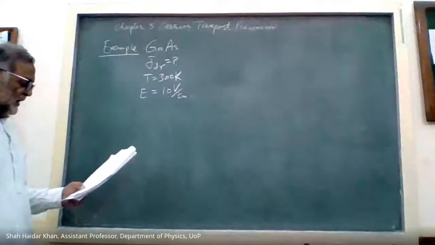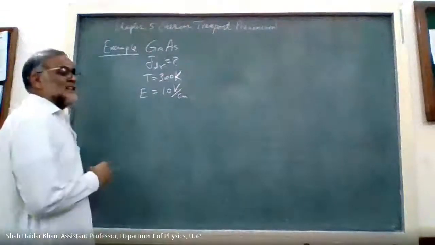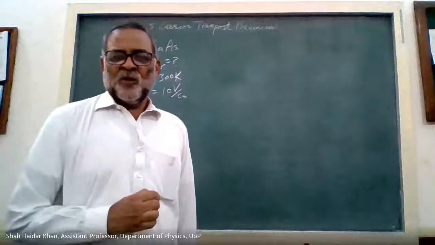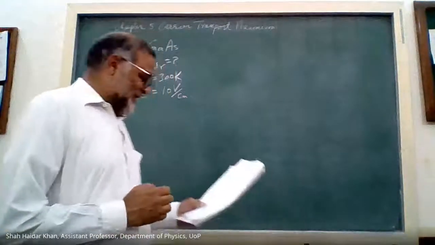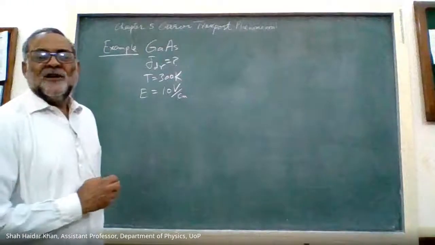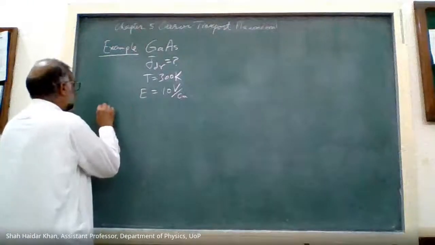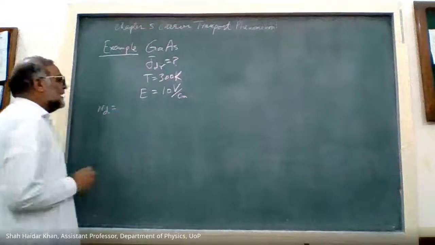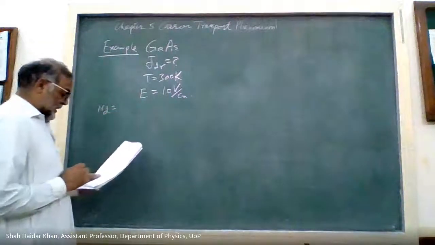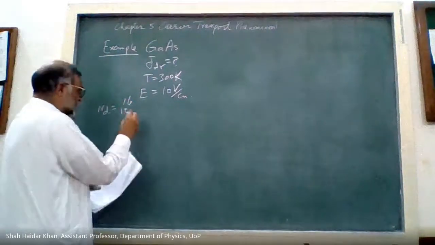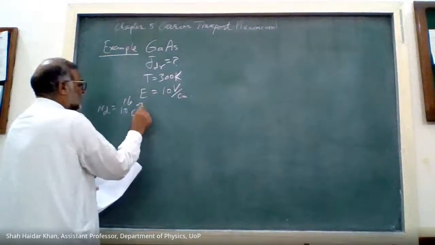Now, it is said that it is N-type doping, so the concentration of dopant atoms or ions Nd is equal to 10 to the power 16 per centimeter cube.